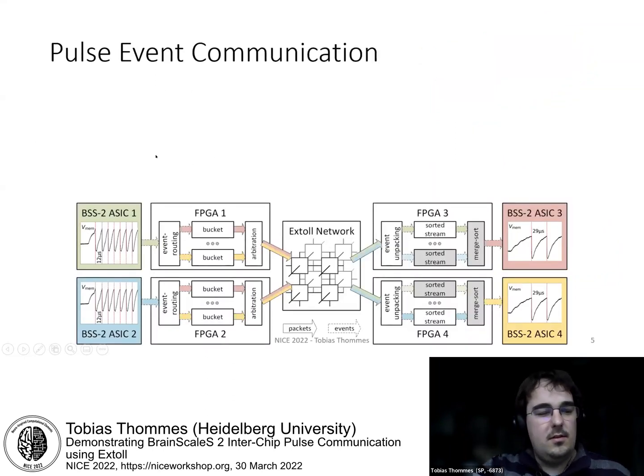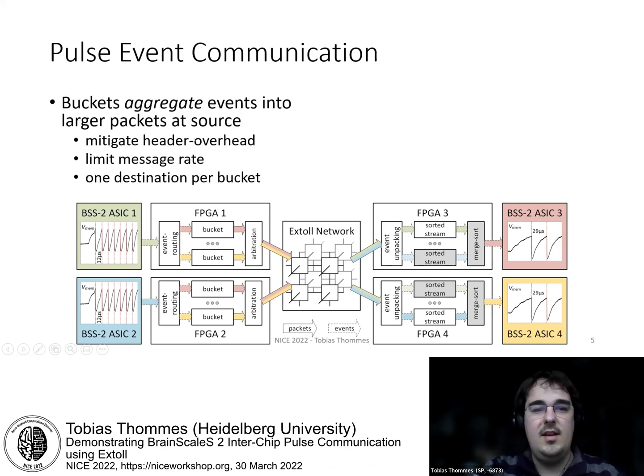The goal now is to communicate pulse events over the network and interconnect the emulated networks on several chips. Therefore, we want to overcome the header overhead, which is imposed by every packet-based network, and limit the message rate which is used on the network.